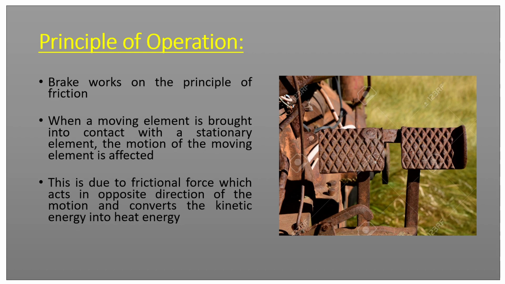So we use a frictional material as the stationary element, which comes in contact with our moving wheels, so that the wheel will stop rotating. So that is the principle of operation.